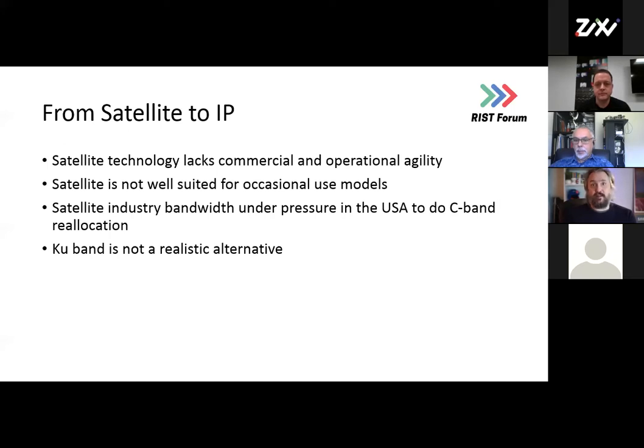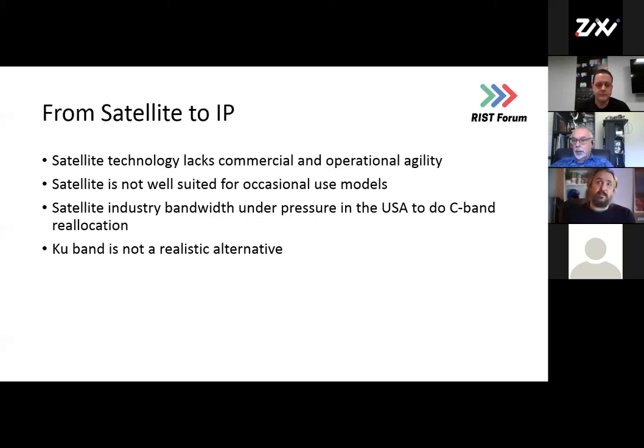And so therefore, necessarily, they're looking for a return on that investment. And that typically results in either very expensive occasional use business models or very long-term commitments on the part of broadcasters. You're talking about multiple years of commitment, and it's very much a use it or lose it model. If you're not actively using the transponder that you're paying for, you're paying for it anyway.